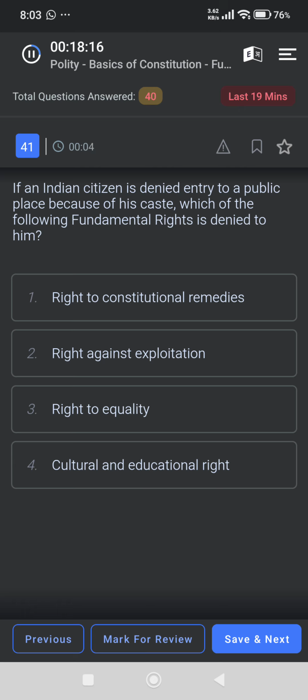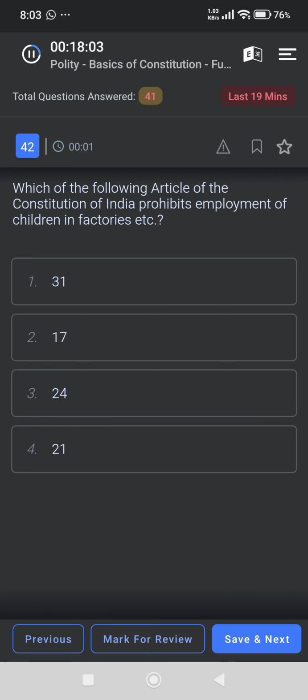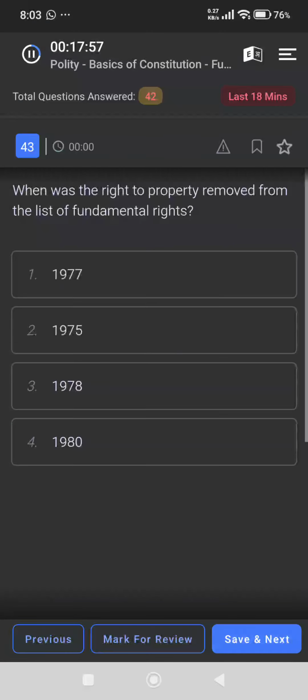If an Indian citizen is denied entry to a public place because of his caste, which of the following fundamental rights is denied to him? Right to equality. Which of the following articles of the Constitution of India prohibits employment of children in factories? Article 24.